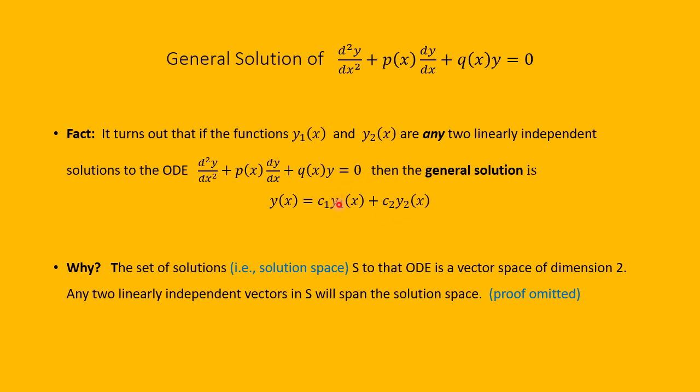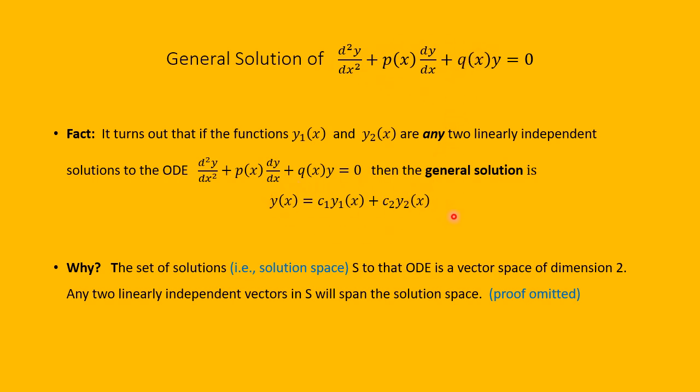Here I'm not saying that y1 and y2 have to be those two functions that were solutions to those two initial value problems we saw earlier. They could just be any two linearly independent functions, and both of these functions solve this differential equation.